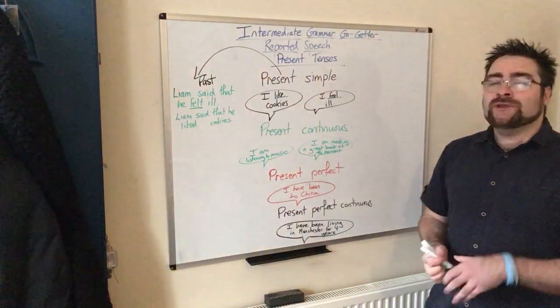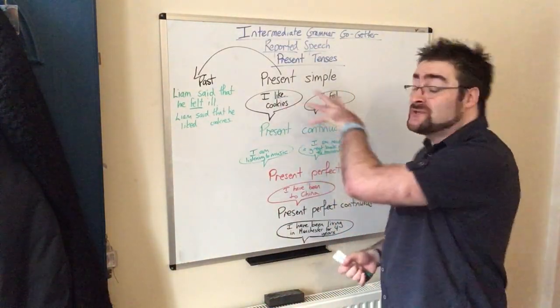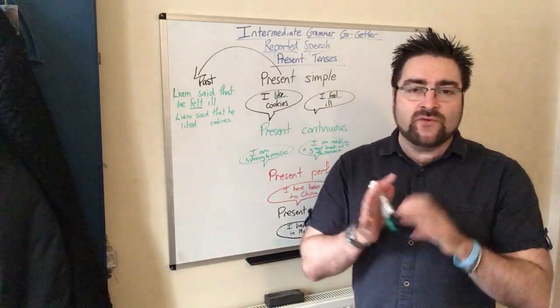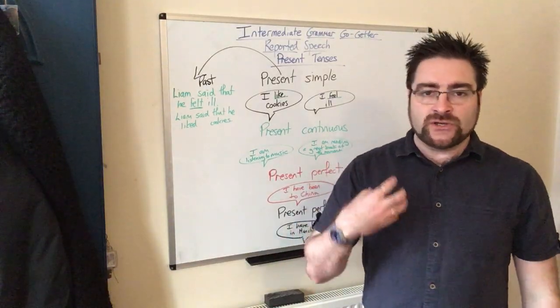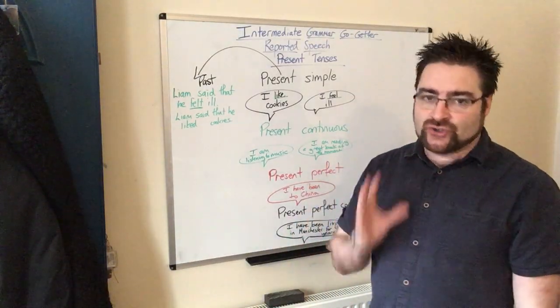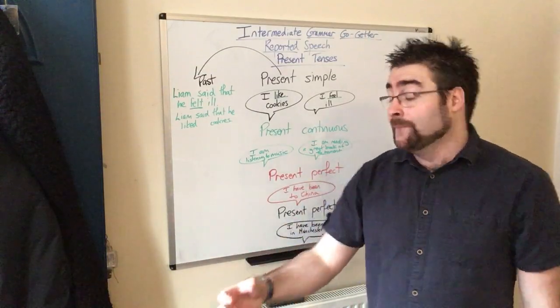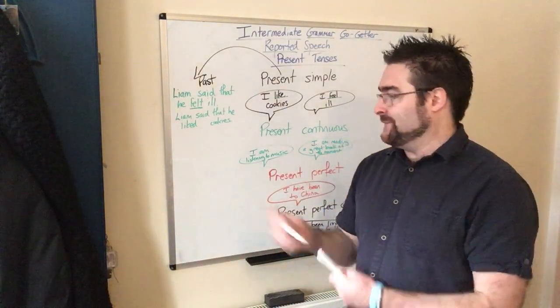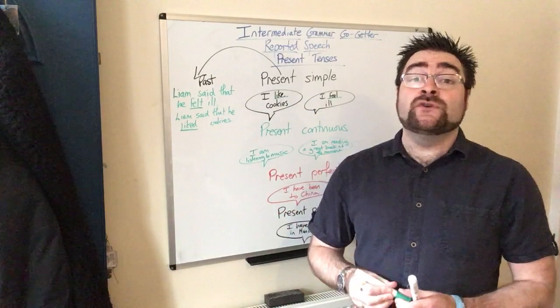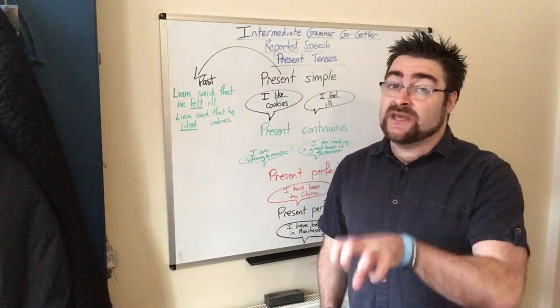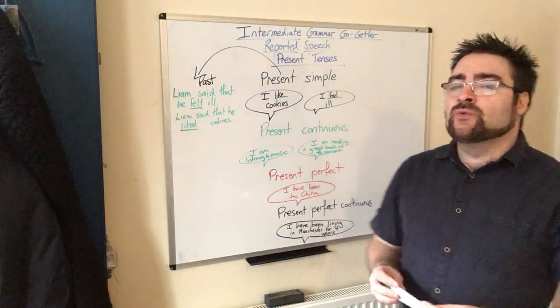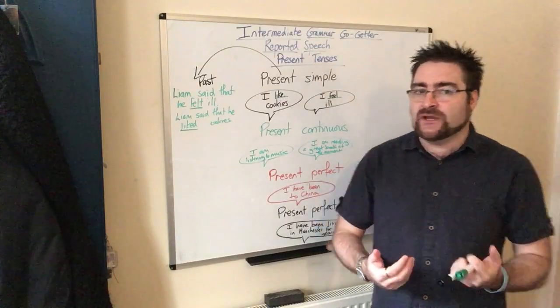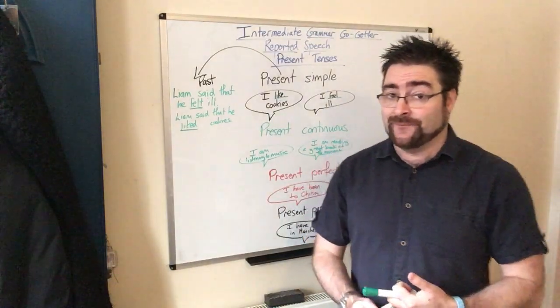Now, there is an important difference in these two sentences. Now, let me give you a piece of advice. When you are doing reported speech, if you're not sure about the next rule, always change it. Because if you change it, you will always be correct. However, you will notice that English native speakers do not always change it.